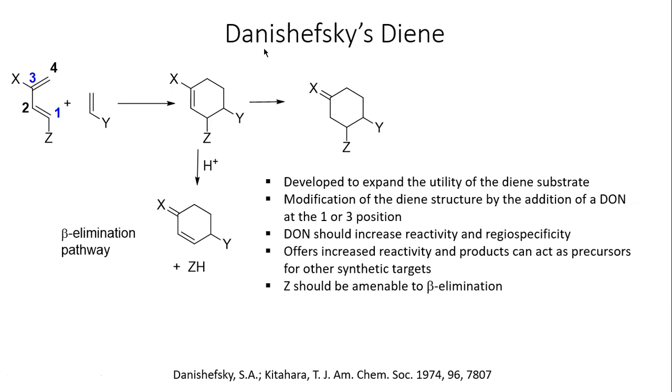Yes. So if you had a pair of electrons on X, you push those here, here, and like that. I'm sorry, that's kind of sloppy, right? So that's your beta elimination pathway.